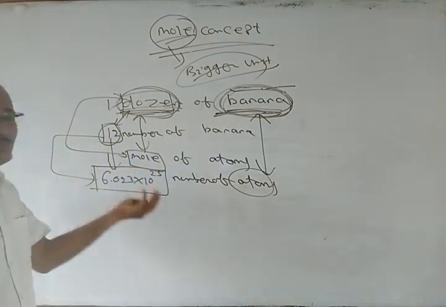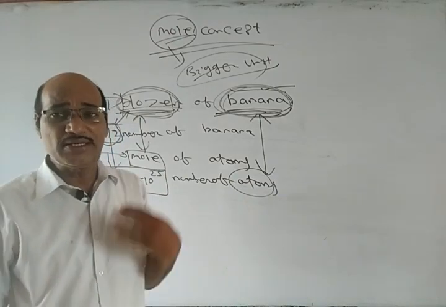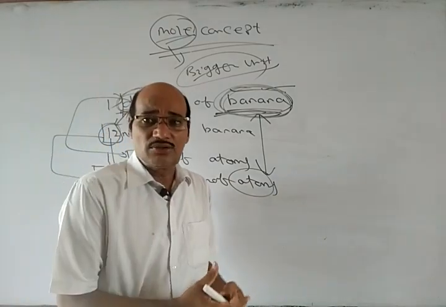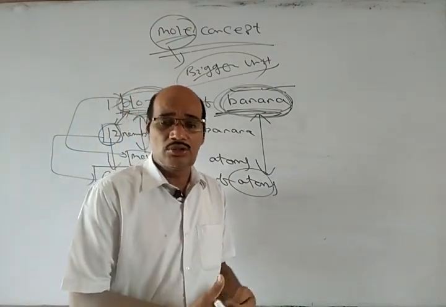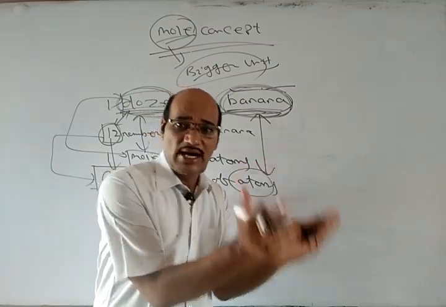So it's very simple now. In our day-to-day life, we are using terms like dozen or gross or ream to represent a large number of large objects.